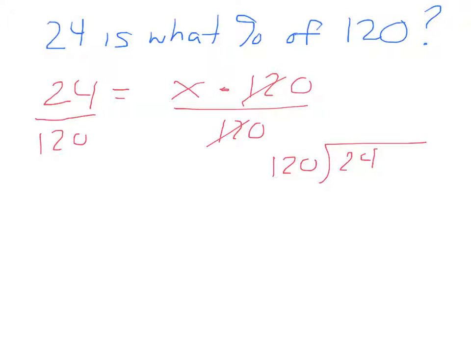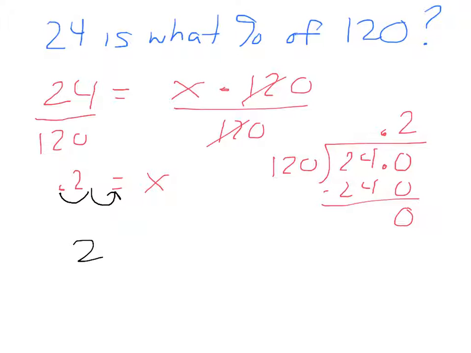Since 120 obviously will not go into 24, I'll add the decimal, add a 0. Does 120 go into 240? Yes. How many times? 2 times, which actually goes in evenly. So what I get is x is 0.2. But because I wanted a percent, I'm going to move the decimal over 2 places to the right, and what I get is 20%.